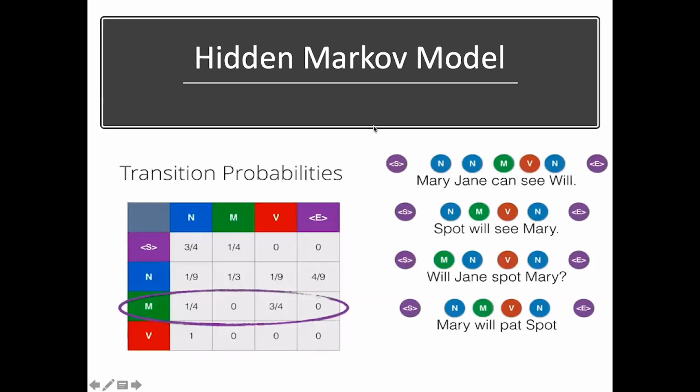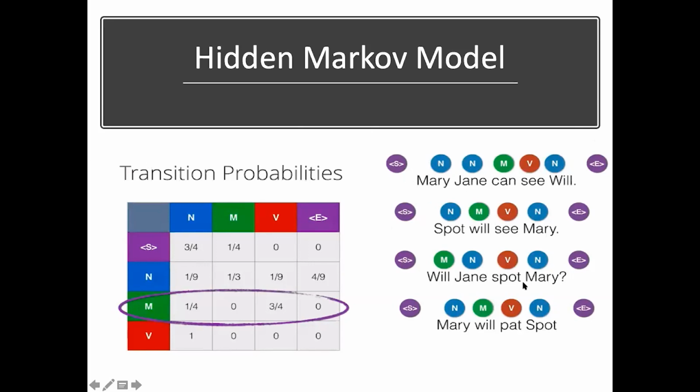First we'll cover transition probabilities. Now that you see we've tagged these, this is the table that we were creating manually before as well. Mary, Jane, can, see, will be tagged as noun, noun, modal, verb, noun. And we'll obviously put start and end tags at the start and end of every sentence.